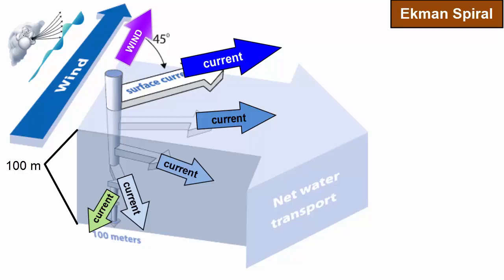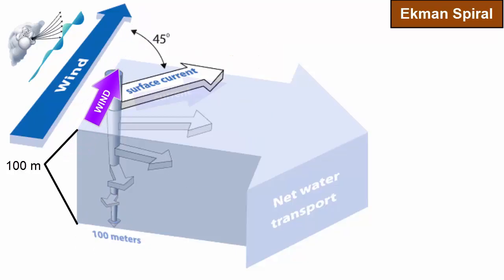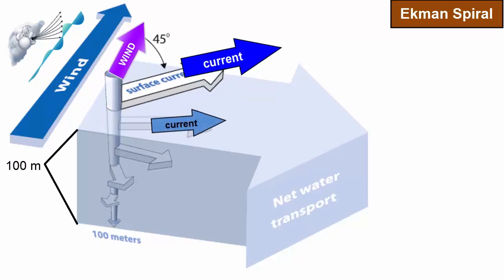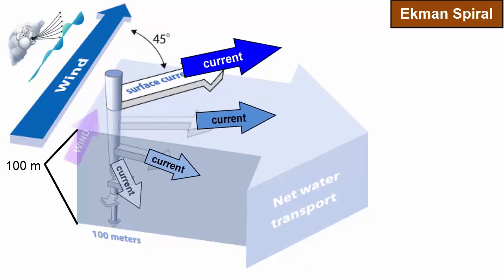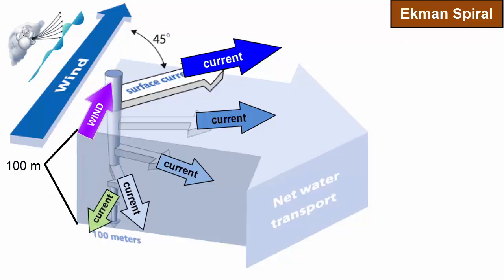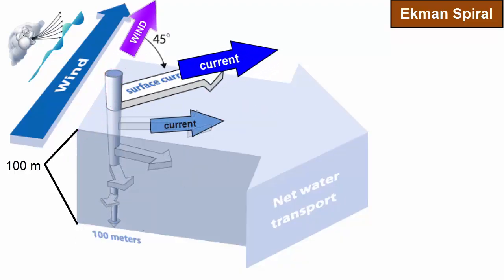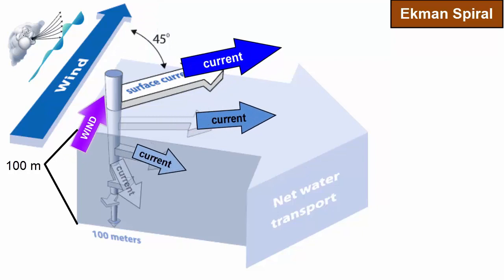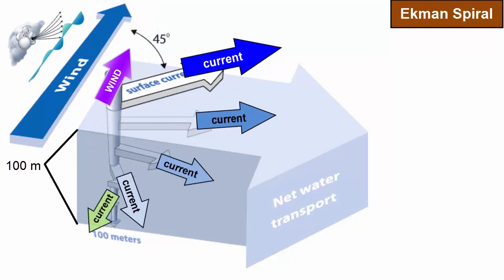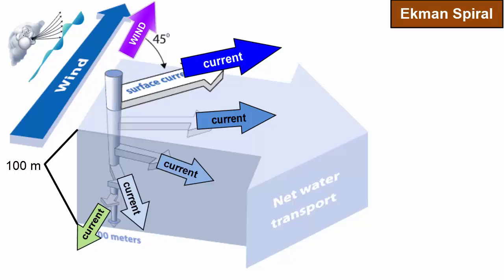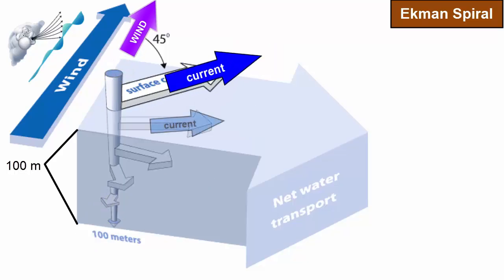You can imagine each 10 meters of water dragging on the 10 meters of water underneath it, and we get a spiraling motion of currents, each progressively slower and progressively more rotated. Plankton on the surface will be carried by currents moving much more strongly than currents a few meters below, and plankton on the surface can move in the opposite direction of the currents a few meters below.